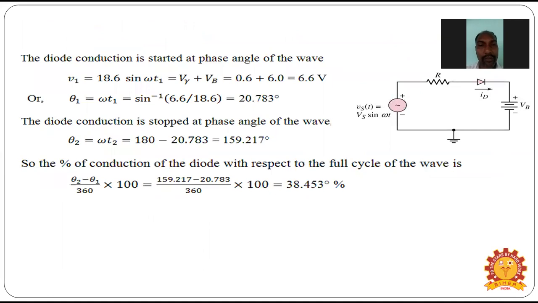Next, this is the diode conducting at the starting phase angle of the wave, and the diode conducting at the stopping phase angle of the wave, and the percentage of conducting the diode with the repeat of the full cycle of the waves.